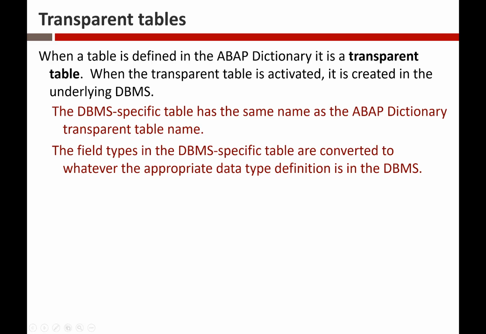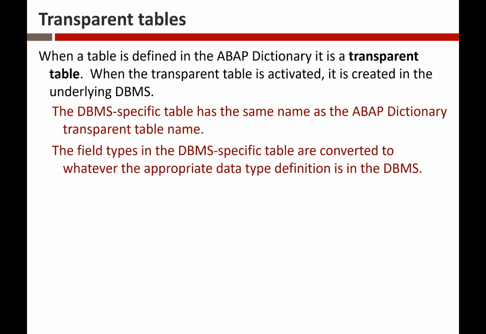Well, let's think about our architecture here. We are working in ABAP, and if we think about our three-layered architecture, we have the presentation layer, the application layer, and the database layer.